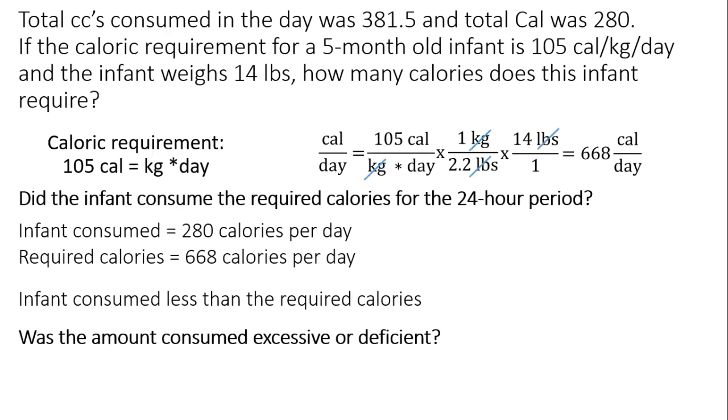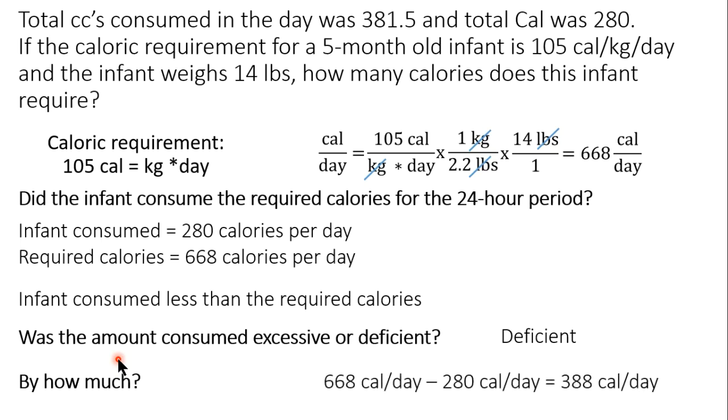And we know that it was deficient. By how much? And so then we just subtract 668 minus the 280 that they consumed. So the deficit was 388 calories per day.